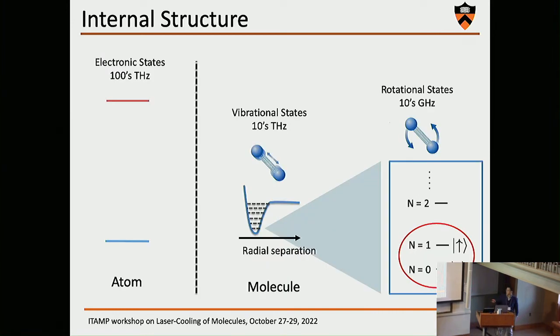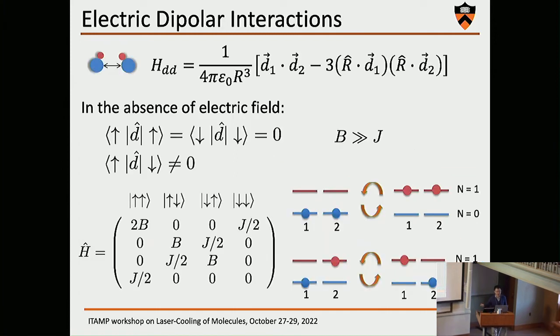So zooming in a little bit more, instead of actually writing out the full state, for this talk, we'll have a two-level system made of spin up and spin down, where spin up is N equals 1 and spin down is N equals 0. For the next few slides, I'll tell you why we want to pick our pseudo-spin basis in N equals 1 and N equals 0, and how we can actually specifically make them interact and entangle.